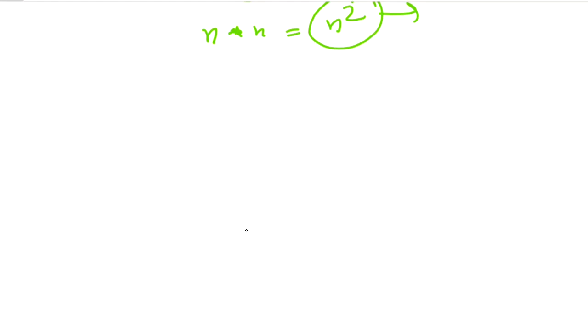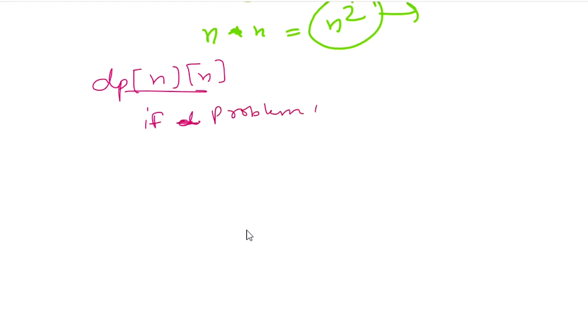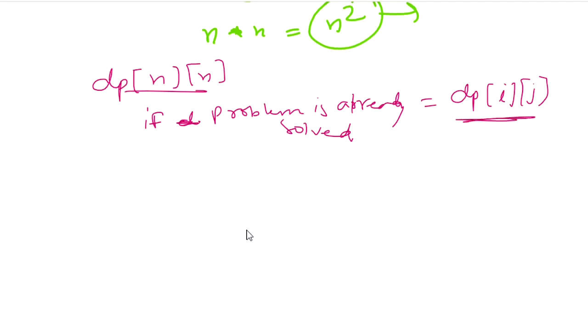We'll declare an array of size n by n, and if the problem is already solved or calculated, then we'll return dp[i][j], because we have stored the solution in this array.